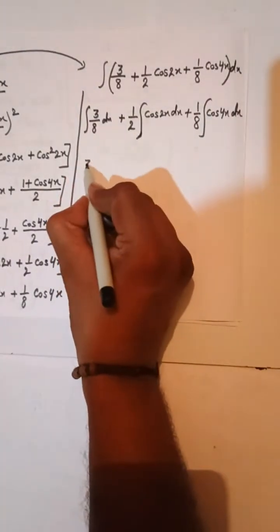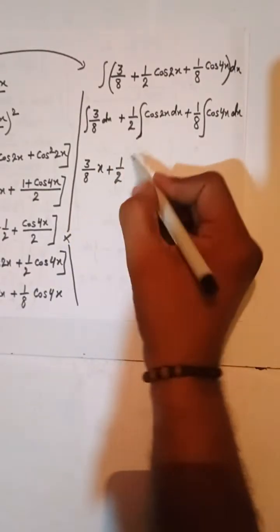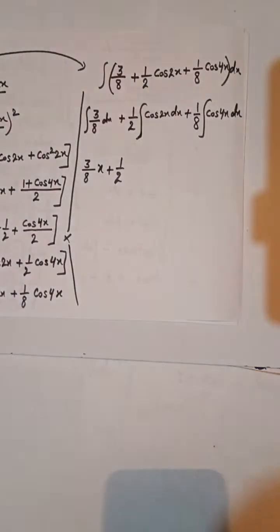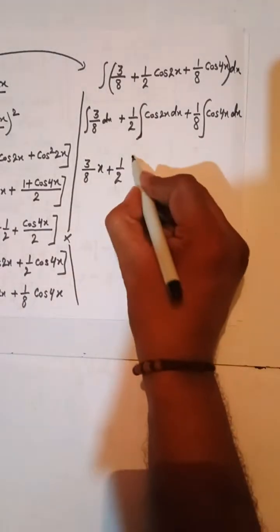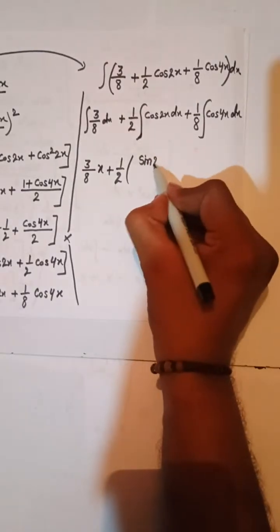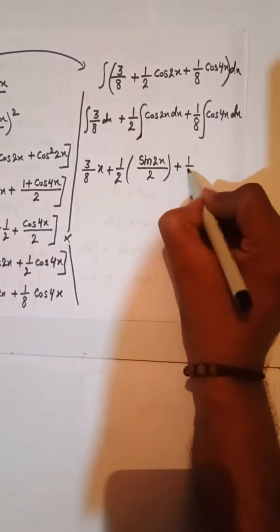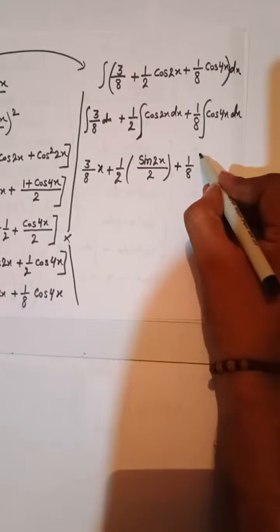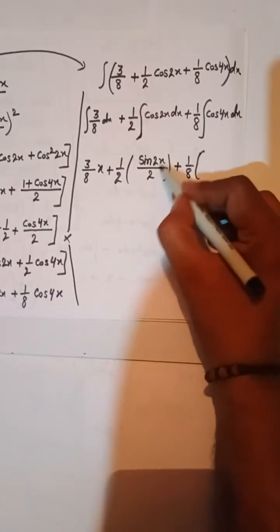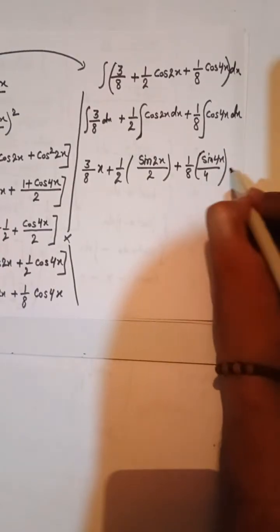So 3 by 8 x, and 1 by 2, and this cos 2x will give you sin 2x by 2. Here the integration of cos 2x is sin 2x by 2, plus 1 by 8 integration of cos 4x, similarly in this way, sin 4x by 4 plus c.